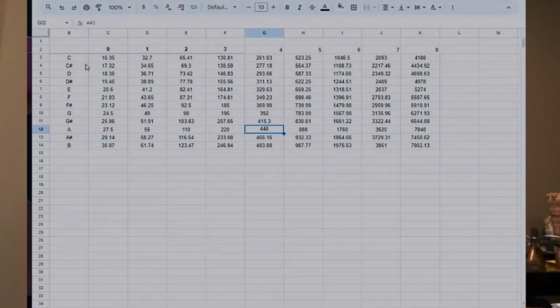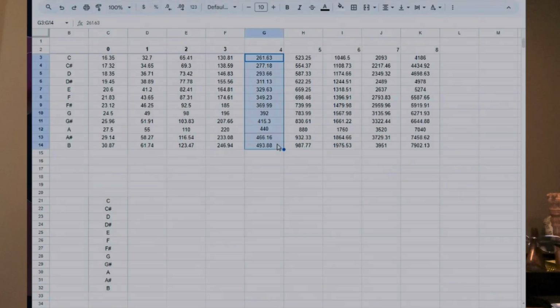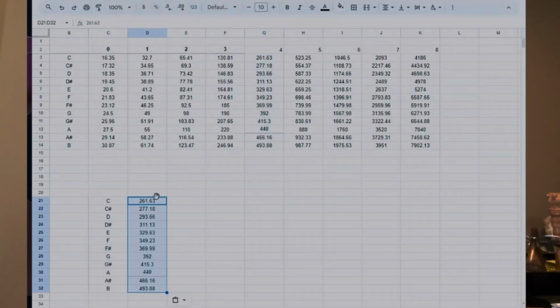So what we should do next is, let's take these 12 notes and just copy them here, and let's carry these 12 frequencies from here and paste them here as well.